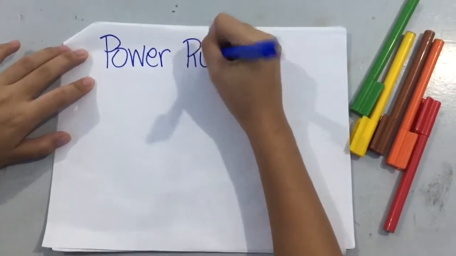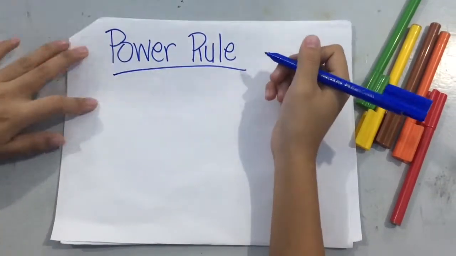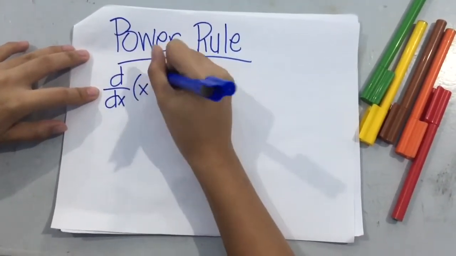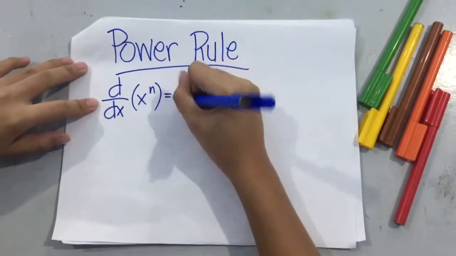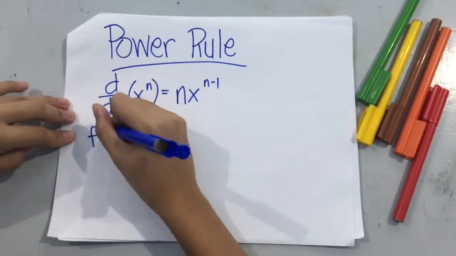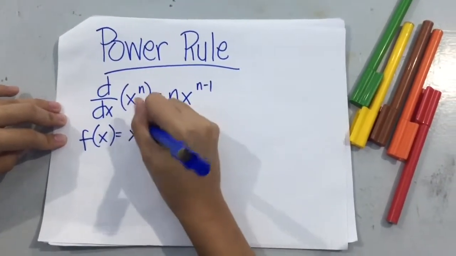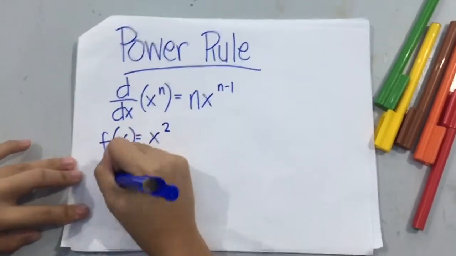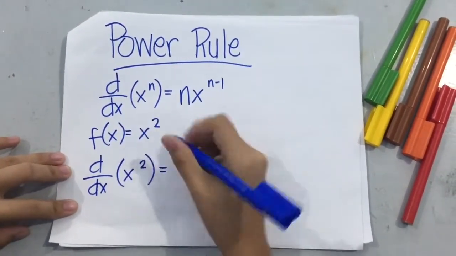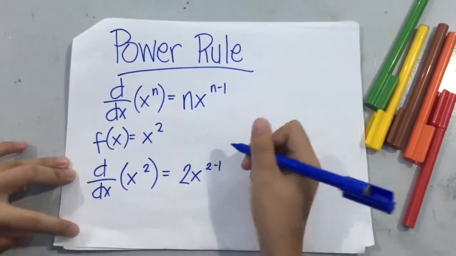For the second rule, we have the power rule. The derivative of x raised to the nth power equals n times x raised to the nth power minus 1. For example, f of x is equal to x squared. The derivative of x squared equals 2x raised to the second power minus 1.